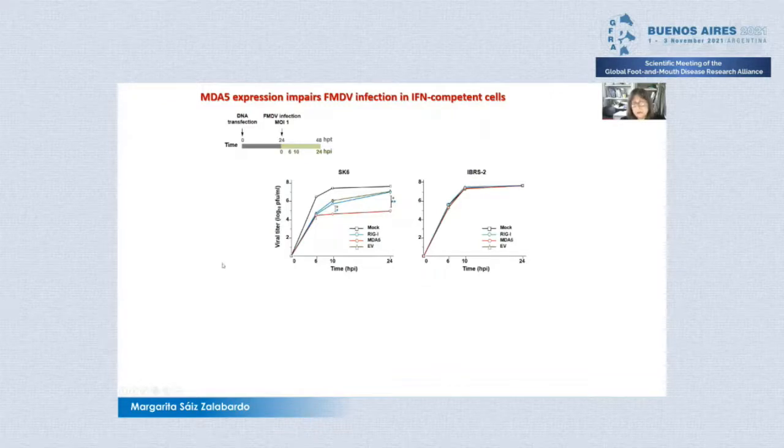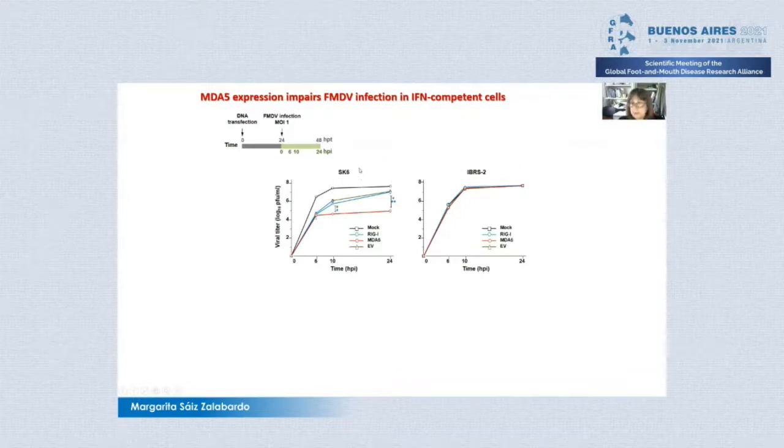Next, we wanted to test the effect of RIG-I and MDA5 expression on FMDV growth. For that, we did transfection-infection experiments in two different swine kidney epithelial cells.